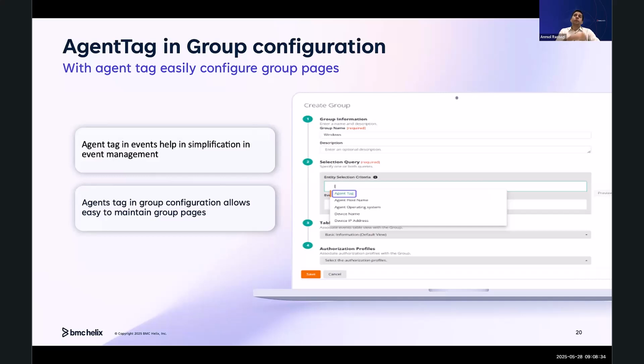Now they want to separate these entities, like Windows Server A only, to be listed in the group page while I'm configuring, which has agent tag equals Windows. So only the Windows agent should be listed. I can just tag it like that.